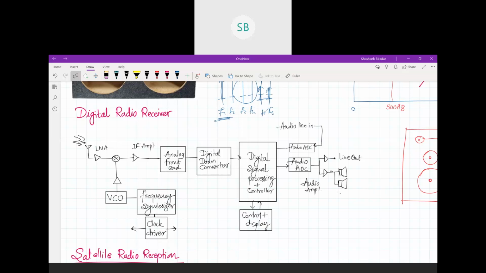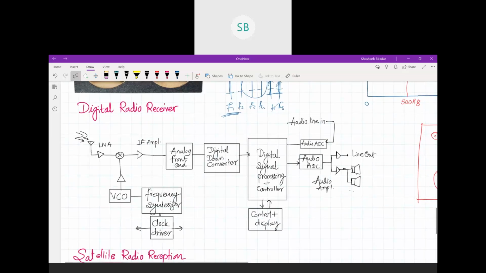Here on your screen you can see the digital radio receiver block diagram. The digital radio receiver will have features like crystal clear sound, plenty of stations with surround sound, on-demand radio, recording facilities, and so on, right?